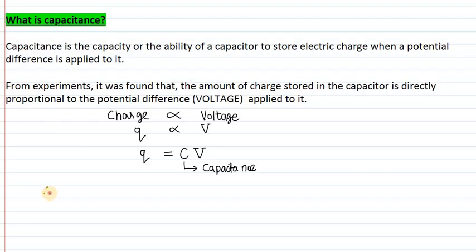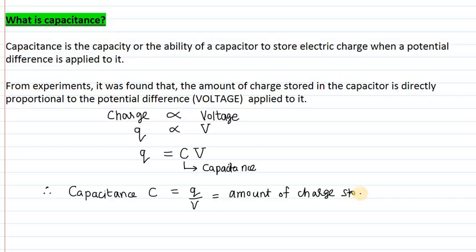Therefore, finally we can say that the capacitance of a capacitor is now defined as capacitance C is equal to Q by V. That means Q is the amount of charge stored, divided by the voltage applied.